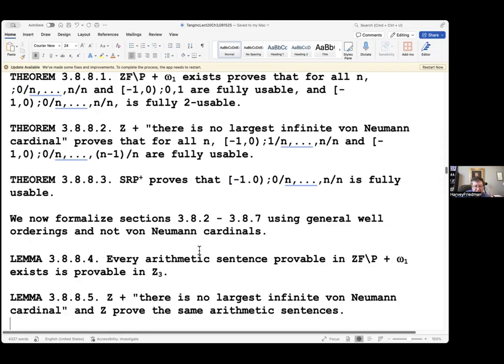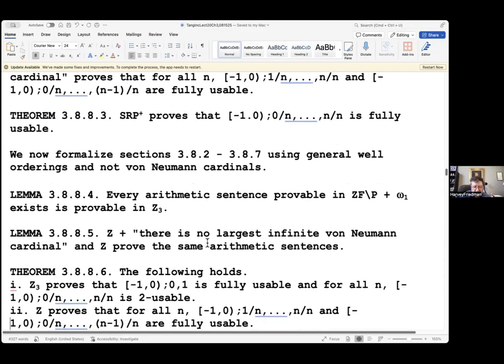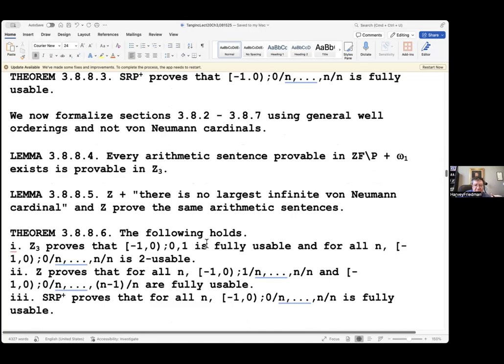Now, how do we get better bounds, better formal systems? First of all, for this system, ZF minus power set plus omega 1, for arithmetic sentences, that's conservative over Z3.